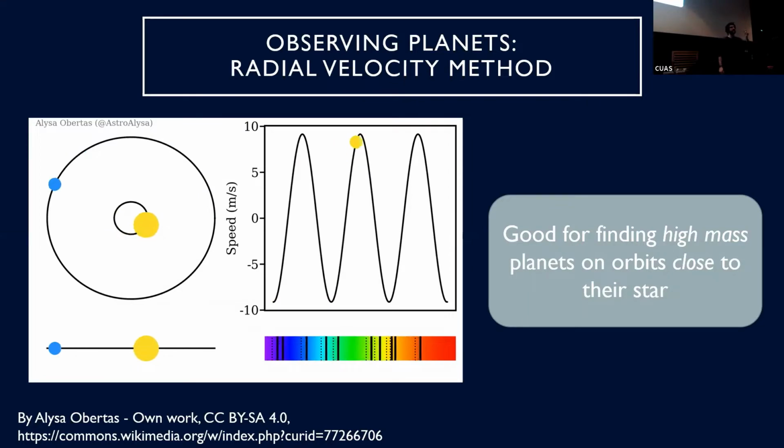Much in the same way that we use the dips in brightness for the transiting planet, we can use the period and the speed at which this moves to categorize how big and how close that planet is to the star. In fact, this method is extremely good at finding massive planets that are close to their parent stars as well. It's also very good, for example, at finding hot Jupiters. Turns out hot Jupiters are really easy to find.